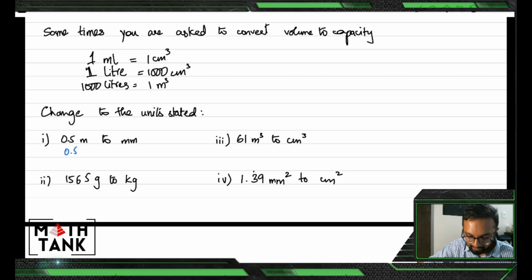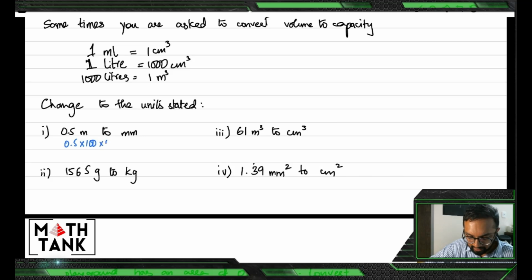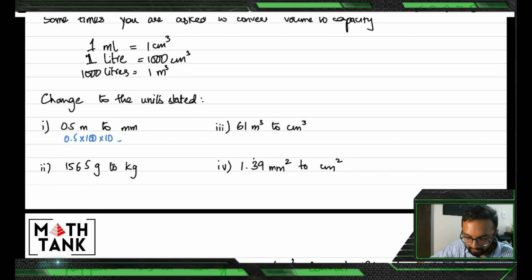I multiply it with 100 to convert into centimeters. Then to convert centimeters into millimeters, I multiply it with another 10. That will be 0.5 multiplied by 1000, which is 500 millimeters. So 0.5 meters is equal to 500 millimeters.